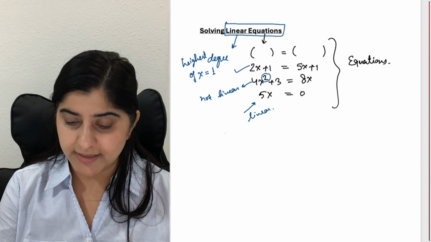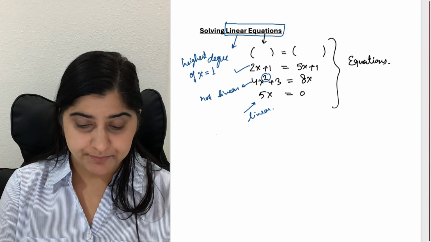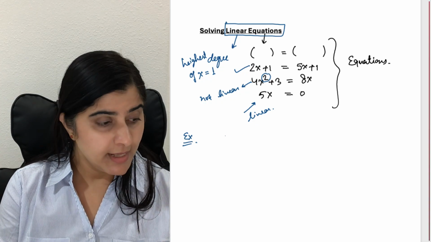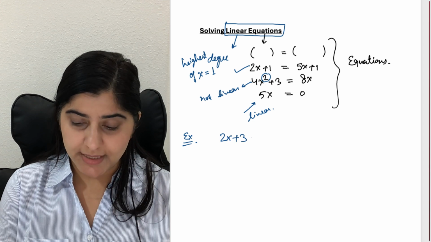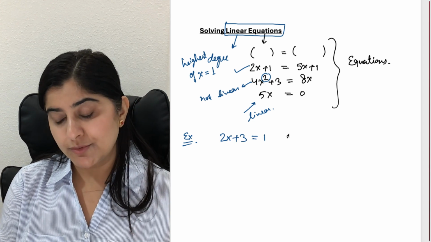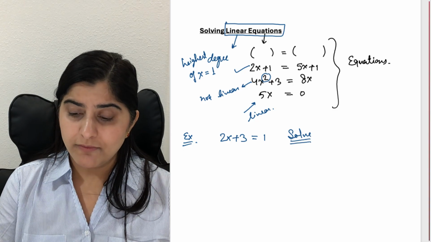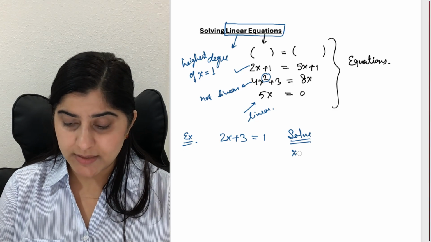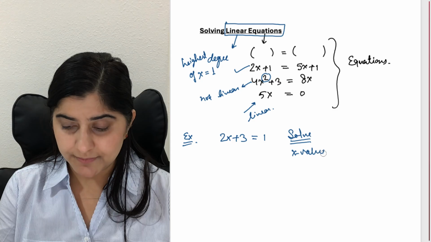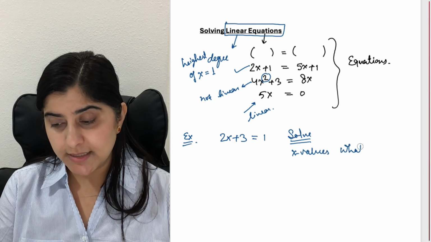Solve them means, for example, if you have an equation like 2x plus 3 is equal to 1 and we are asked to solve this, solve means we are looking for x values which satisfy this equation.